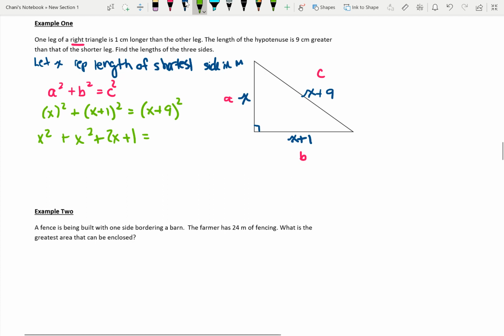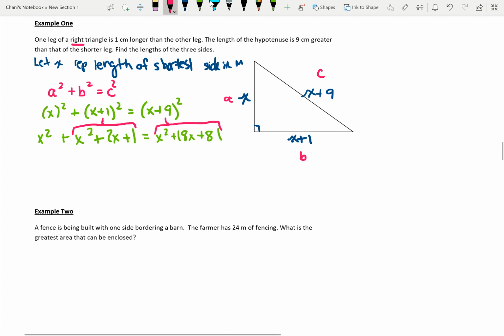And this is x plus 9 times x plus 9, which is x squared plus 18x plus 81. It is crucial that we understand that this trinomial comes from that, and this trinomial is that expansion. Okay, so this is a quadratic equation.